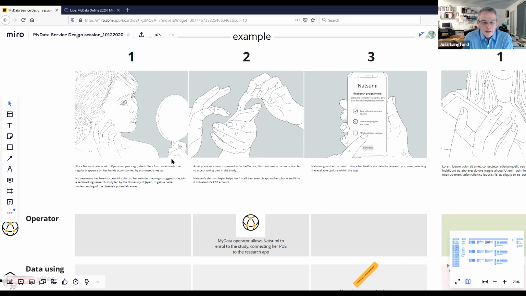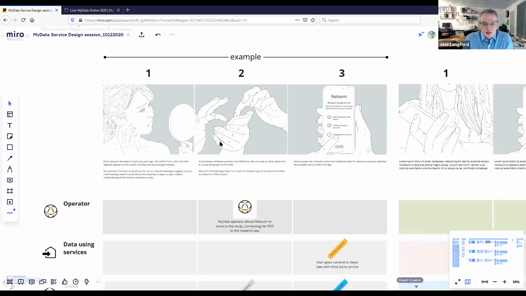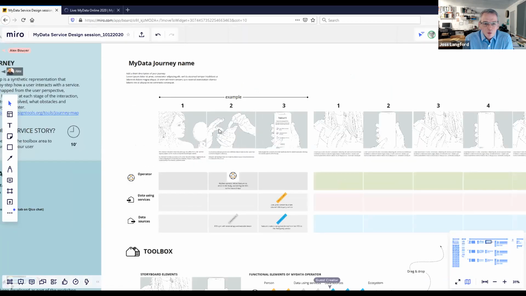To do that, she provides data about her lifestyle, possibly where she is, the things she does, how often she washes her face, what she uses, the places she goes that may provide irritants, pollutants for her skin. She provides that information from a PDS, which I think is very appropriate given the story that we've been on. And then she moves that data and makes that data available. So there are a number of stages in the user journey there that we can start thinking about.